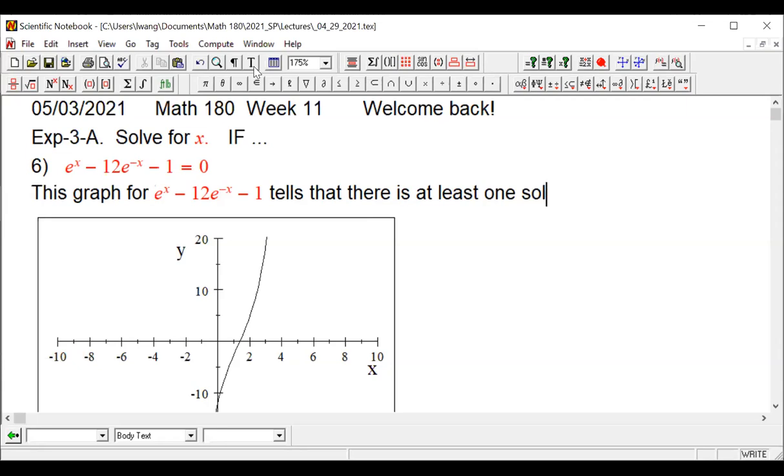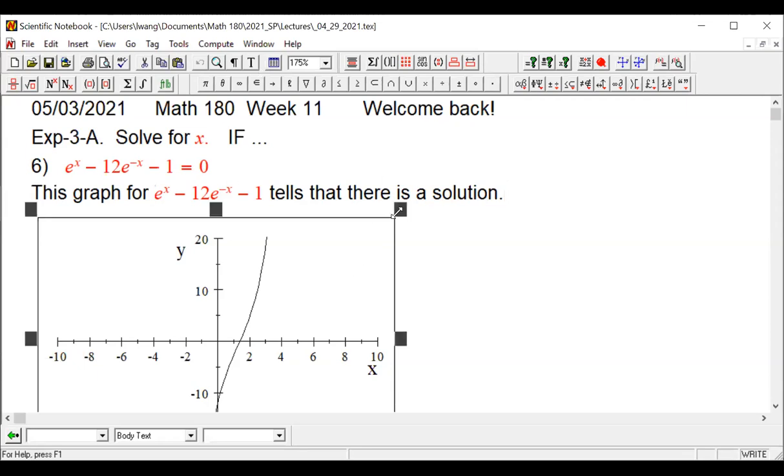Or you can say there is a solution. But I cannot say there's only one solution, right? Not yet. There's a solution, and that's a good enough reason for us to look further for the precise algebraic solution.